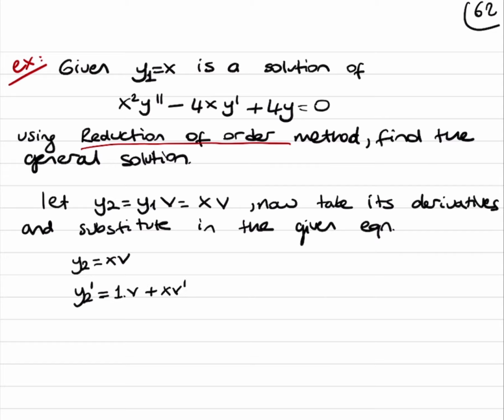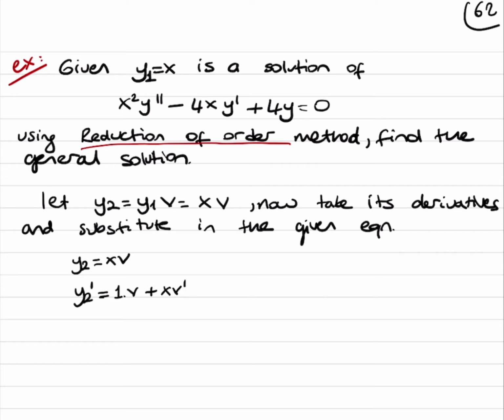Now we will put it in the equation, so we have x squared times (2v prime plus xv double prime) minus 4x times (v plus xv prime) plus 4x times v is equal to 0.